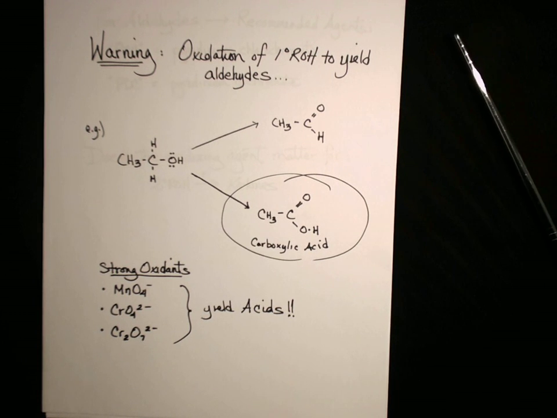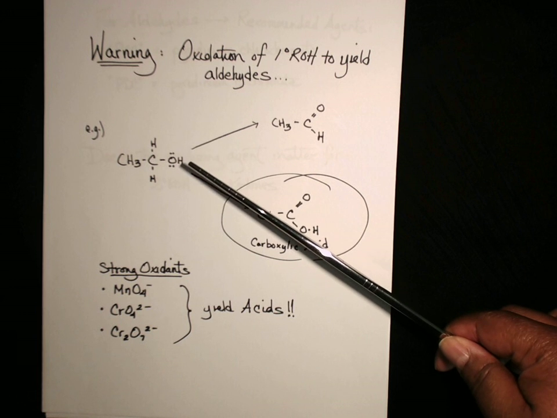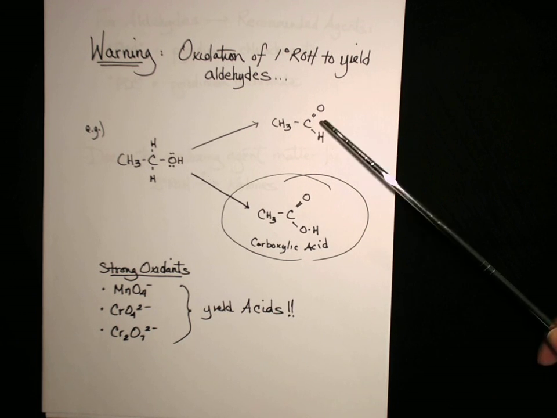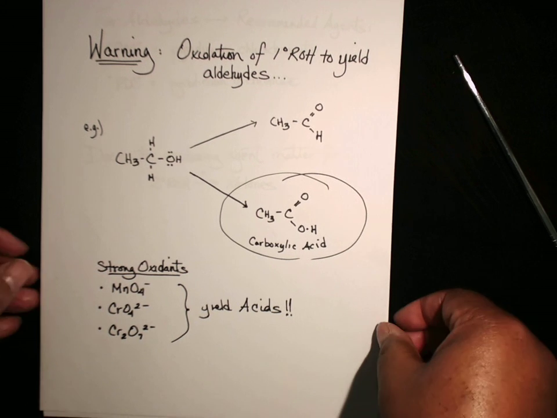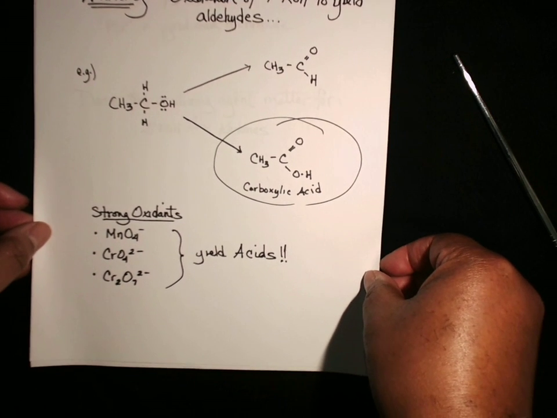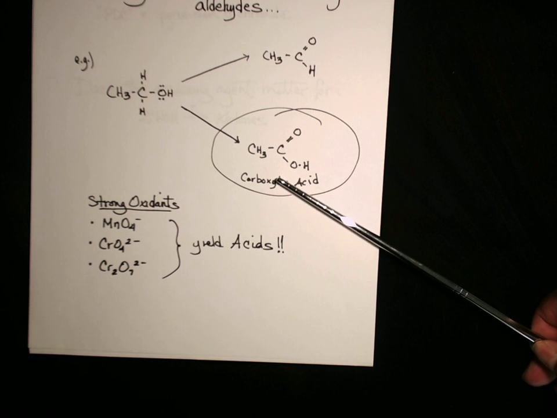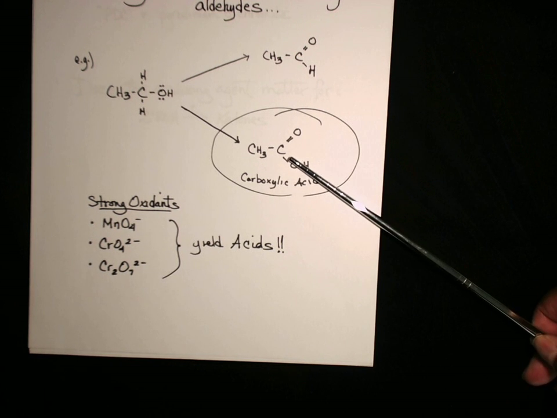Now, true, oxidation of ethanol can produce ethanal, but look here. Oxidation of ethanol can also yield this thing. This is a carboxylic acid. This is acetic acid.